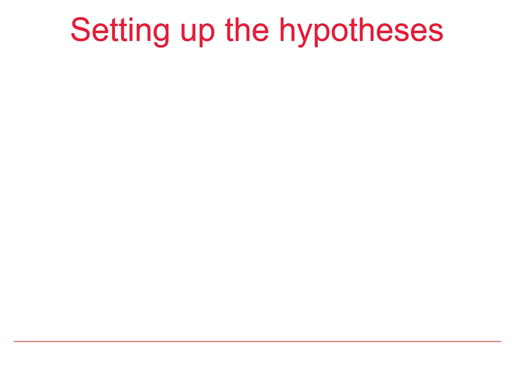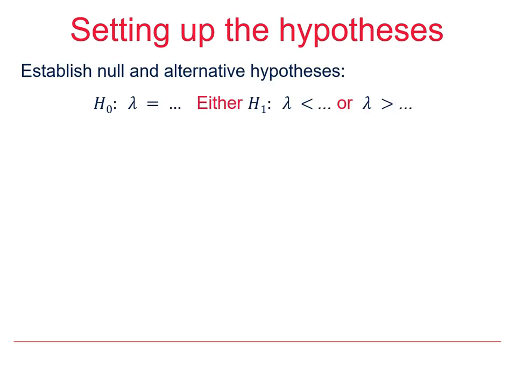So setting up the hypotheses formally, we need to think of our null and alternative hypotheses. And remember, our null hypothesis will always be a statement, and in this case for a Poisson mean it will be a value for lambda, and of course this is lambda equals 6.